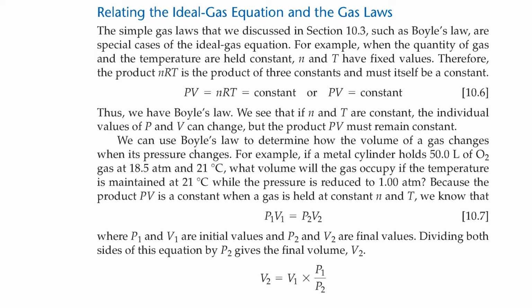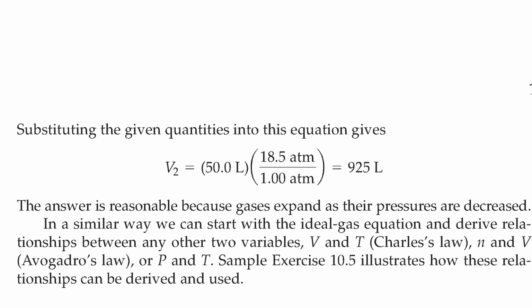Because the product PV is a constant when a gas is held at a constant number of moles and temperature, we know that P1V1 equals P2V2, where P1 and V1 are initial values, and P2 and V2 are final values. Dividing both sides of the equation by P2 gives the final volume, V2. Substituting the given quantities into this equation gives V2 equals 900 liters. The answer is reasonable because gases expand as their pressures are decreased.